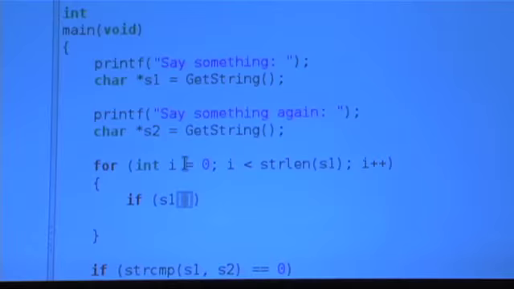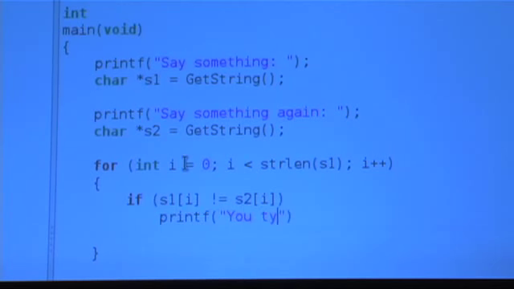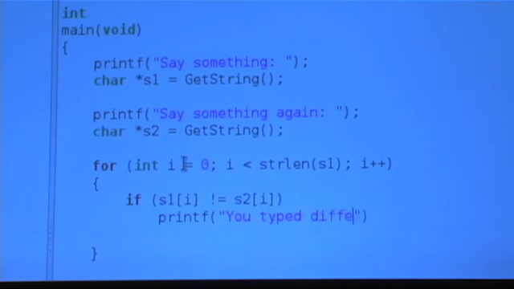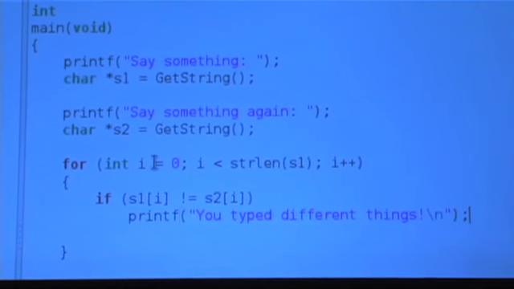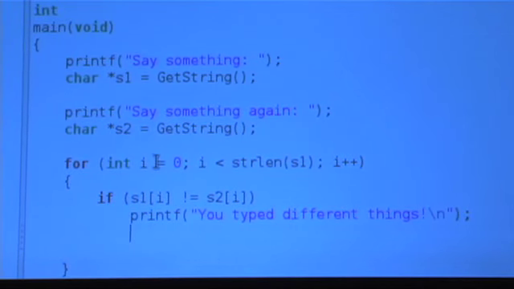If s1 bracket i does not equal s2 bracket i, so just compare their ith locations, what can I do? Well, I can say you typed different things, semicolon, and then I can quit, right? So let's say return 1, because something bad happened.